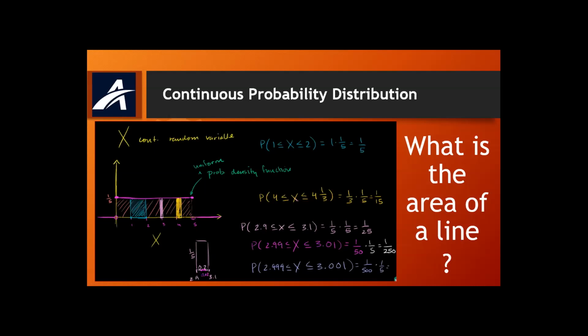Then 0.2 times 1.5, what do you get? 0.3.